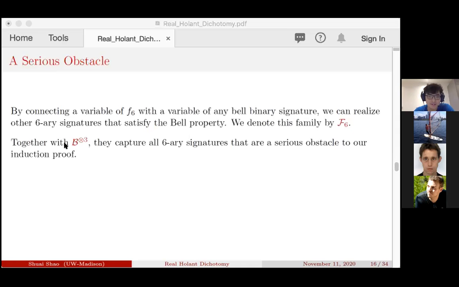And we use script B to the tensor power of 3 to denote the set of tensor products of 3 Bell binary signatures. So signatures in this set are signatures of arity 6. Together with this family script F sub 6, they capture all arity 6 signatures that are a serious obstacle to our induction proof. So what do we mean by a serious obstacle?